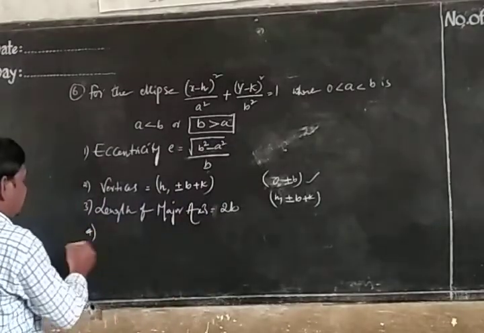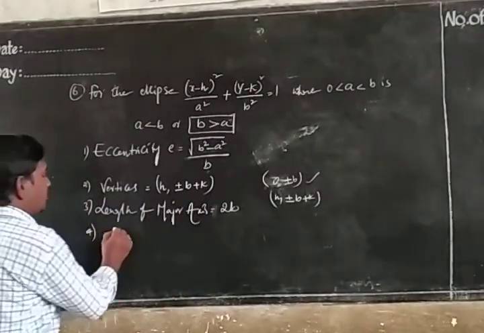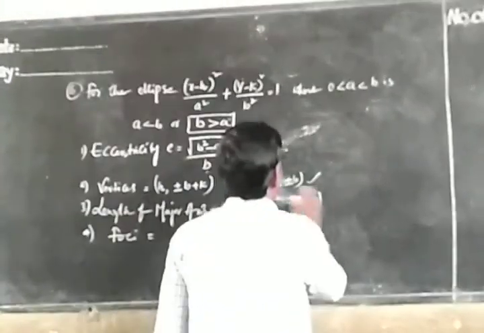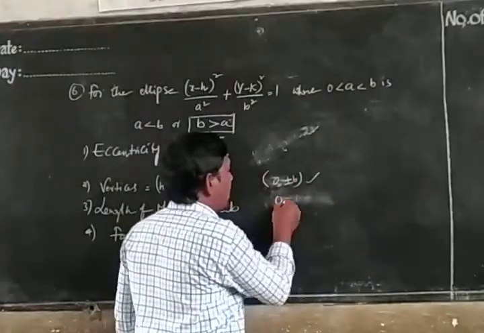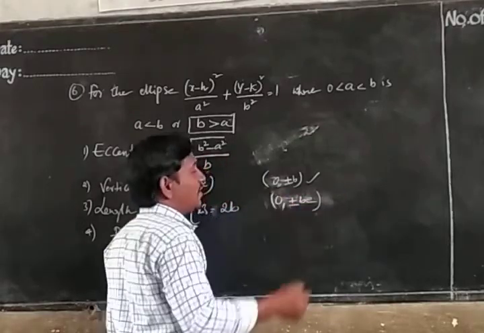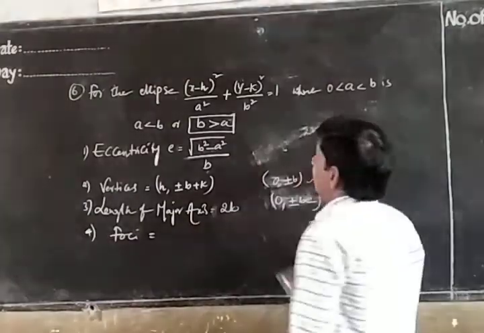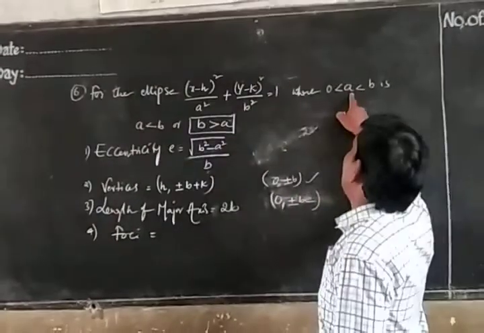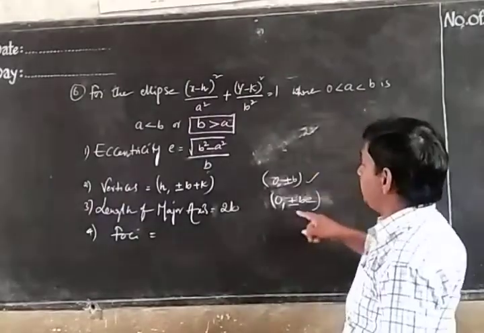The fourth one, foci. We know the foci are 0 comma plus or minus be, for x square by a square plus y square by b square equal to 1, with a less than b or b greater than a. This is the foci.